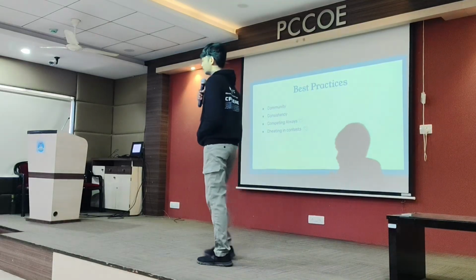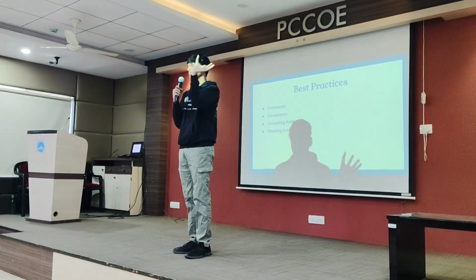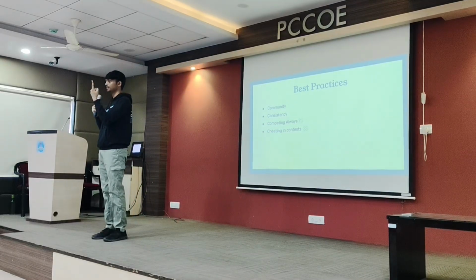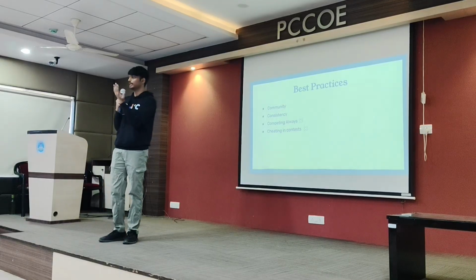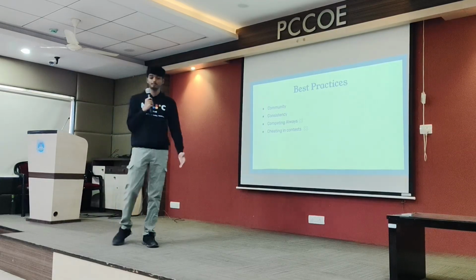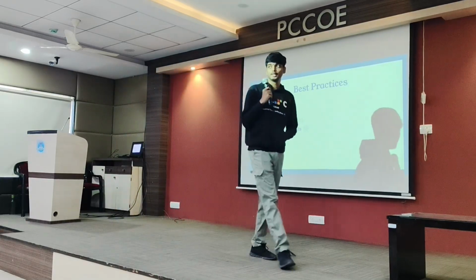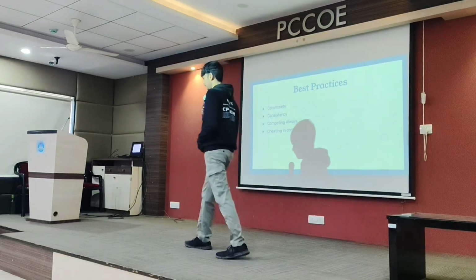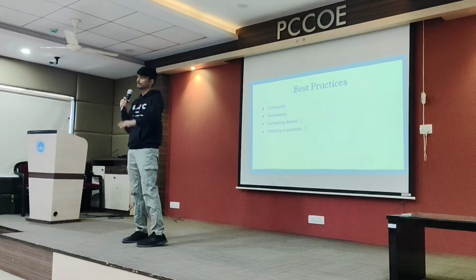To solve a bitwise operator question, think of it this way: you have a number, and the number is made of many bits. For example, 1 is just 1, 2 is 10, 3 is 11, 4 is 100. So each number is made of bits and we can represent it as a sequence of bits.